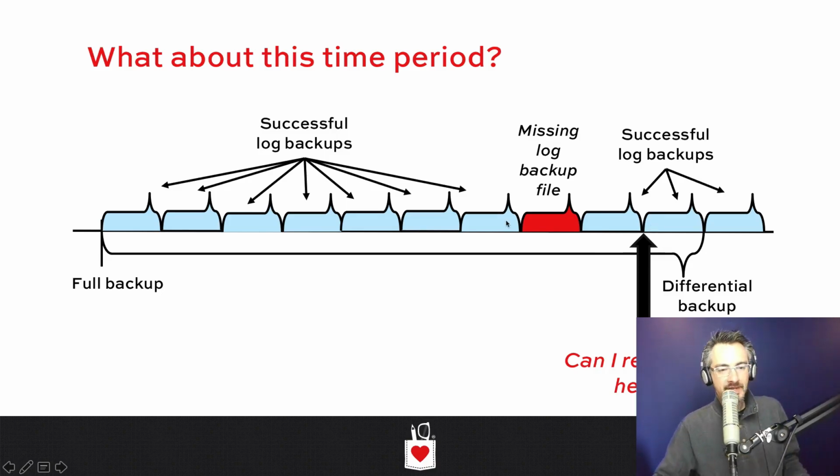No. I can't restore to any point in time between when that missing log backup started, the LSNs that it was covering, all the way through till when my differential finished. So I do have a gap inside here. Even though I have log files, I can't restore the differential and then jump back 5 minutes.